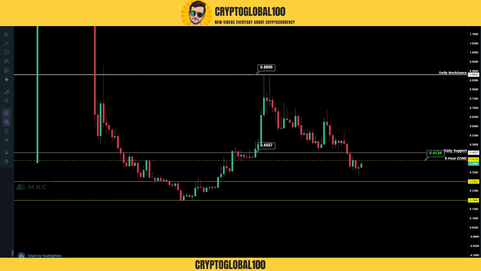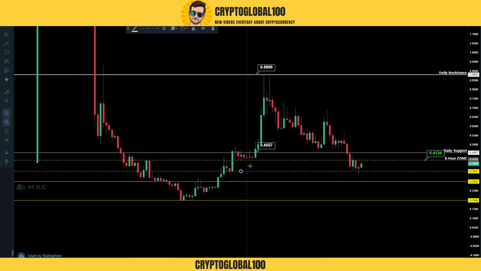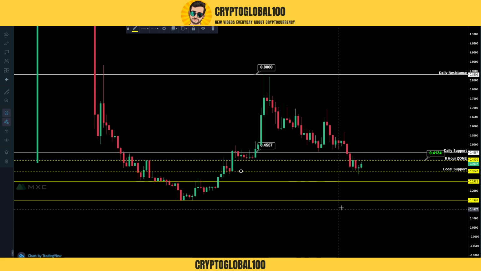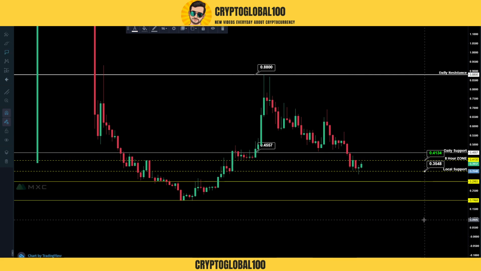Now what I'm going to do is draw this zone, the swing. This one is the 8-hour local support here. I'm going to name the price, I'm going to call out the price.